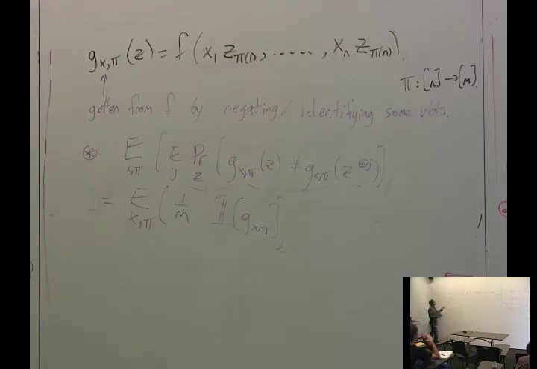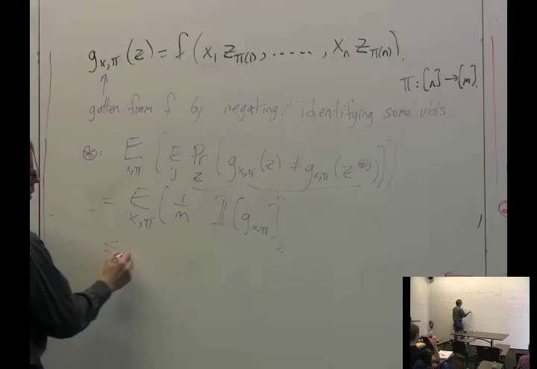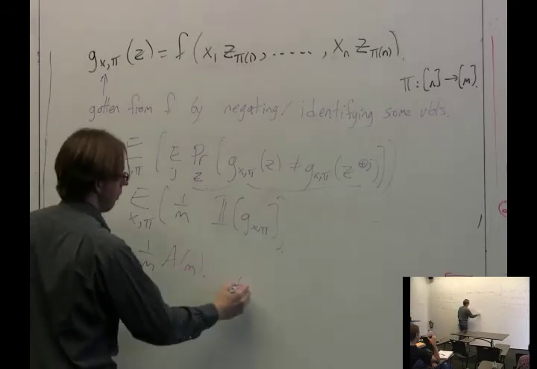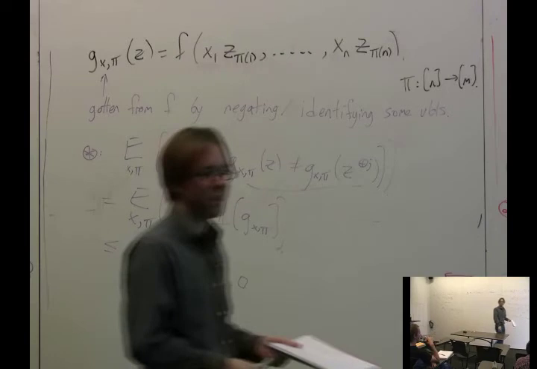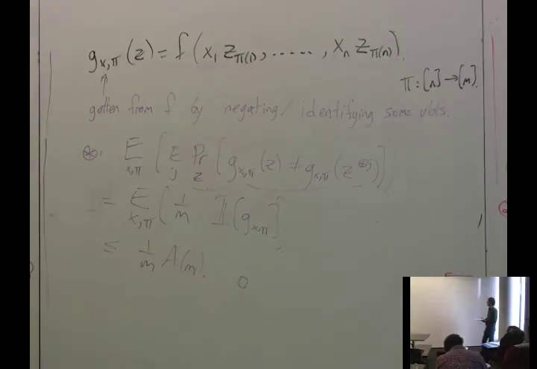But as we eventually argued, g is in the class, it's on m variables, so its total influence for every choice of x and pi is at most a of m. Okay, any more questions about that? It's kind of slick.